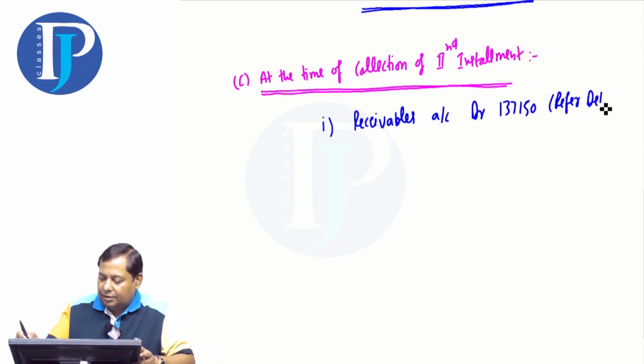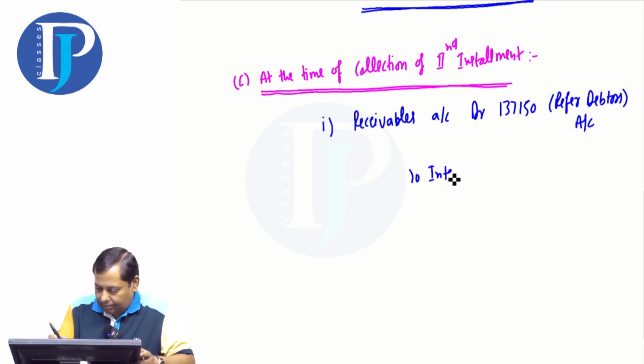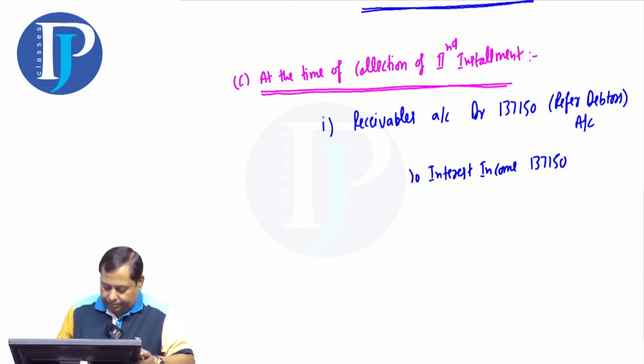Refer debtors account, to interest income, 1,37,150. Being interest made due.